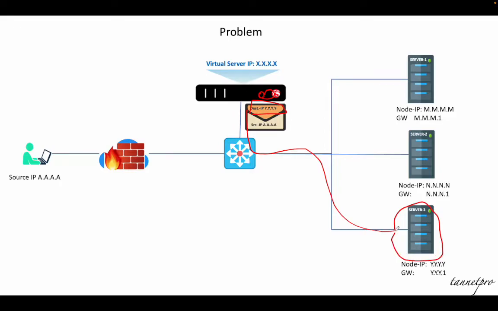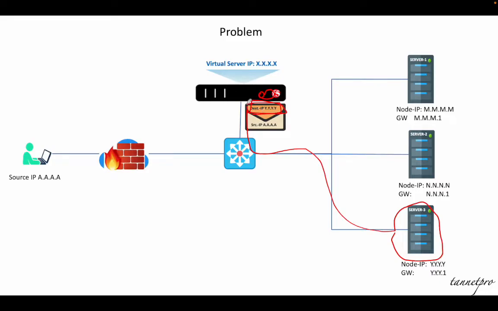It has the least connections, or it can be based on ratio, or it could be another load balancing algorithm. Based on this, one server gets elected as the available server, so it changed the destination IP address to YYY.